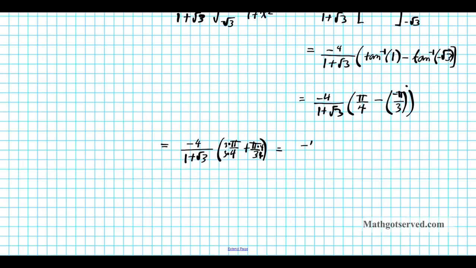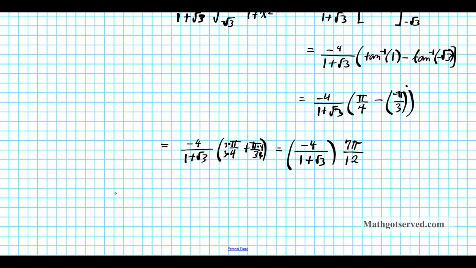And you combine it, you have negative 4 over 1 plus root 3 times 7 pi over 12. Okay?